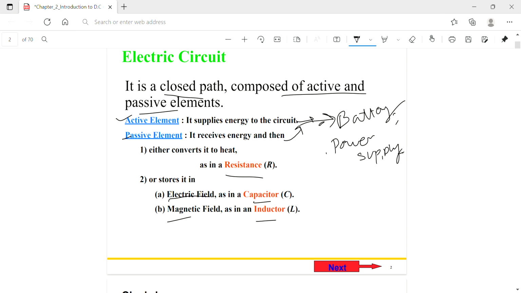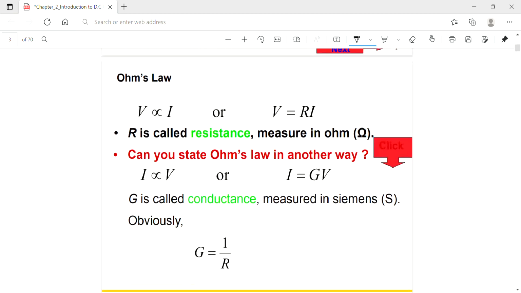Now we are going to learn about Ohm's law. In class 12 we already went through the basics of Ohm's law. Ohm's law states that V equals Ri.